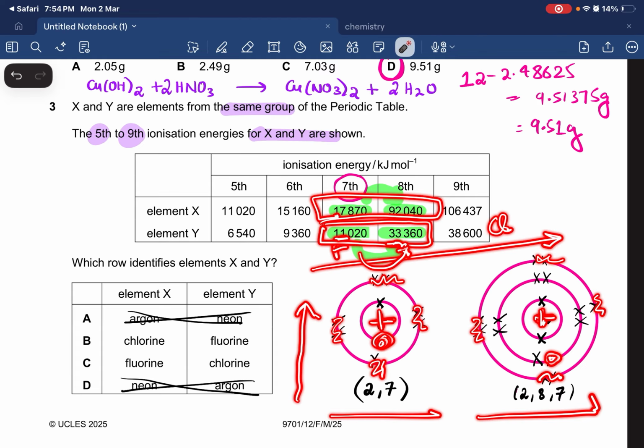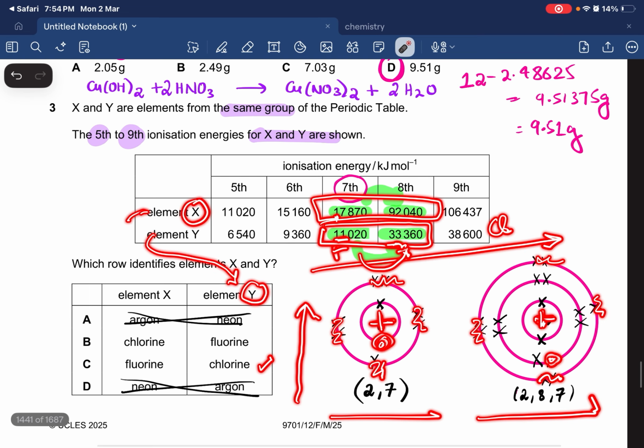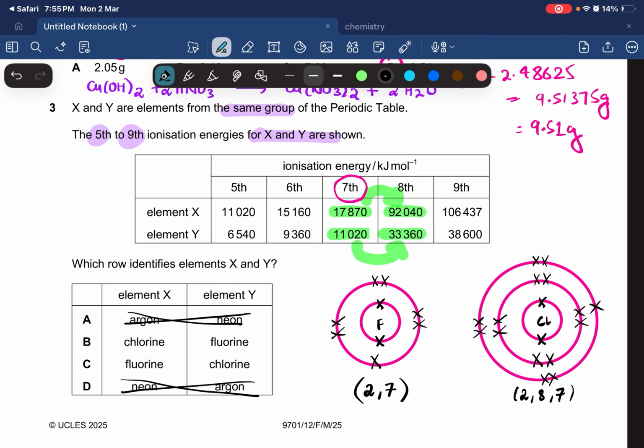Across the period, ionization energy increases. So this element Y is going to be your chlorine, and the element X is going to be your fluorine. Okay? So that's the concept.